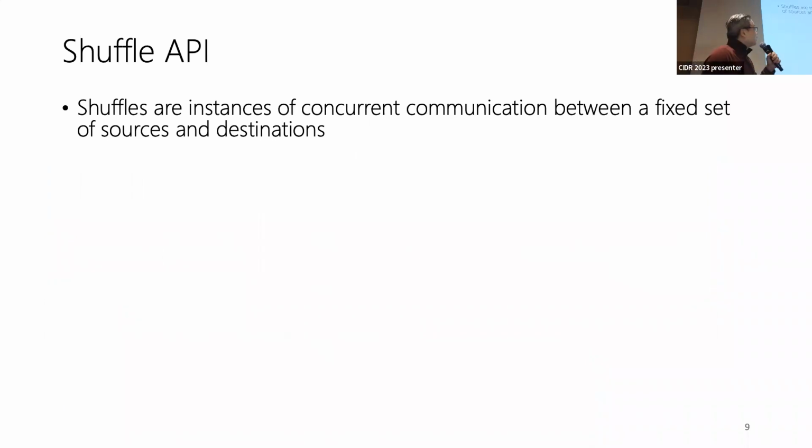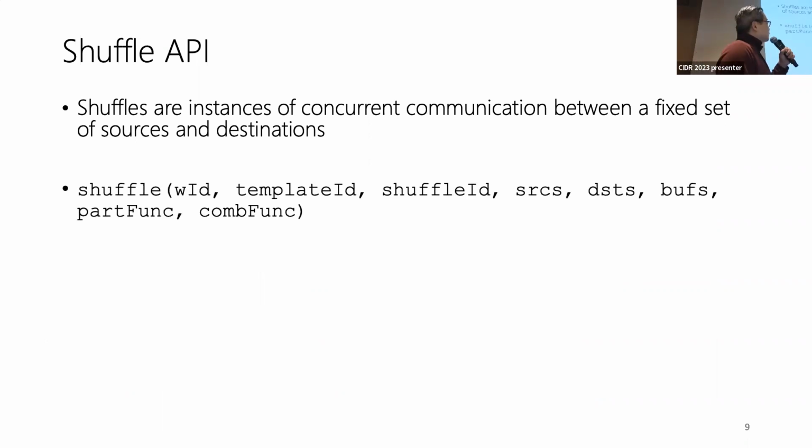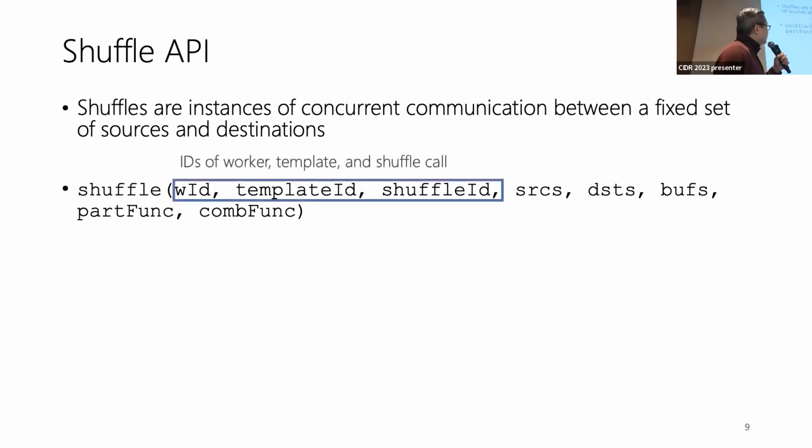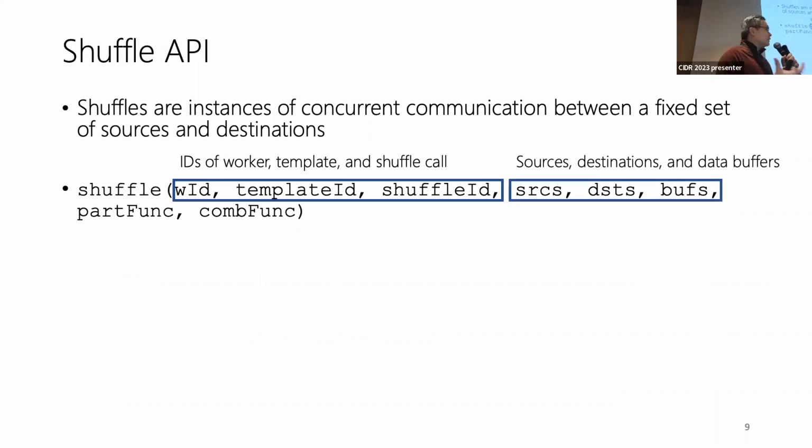All right, so I'm going to next talk about the shuffle API. Basically, it is viewed in terms of instances of concurrent communication between a fixed set of sources and destinations. There are arguments that allow you to input the IDs of the worker, the template, and the shuffle call. There are also source and destination lists and data buffers.